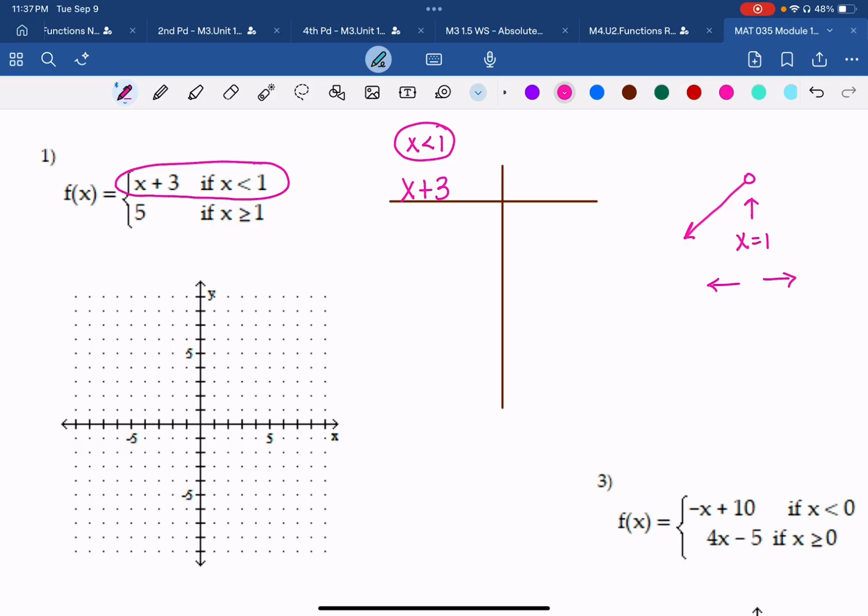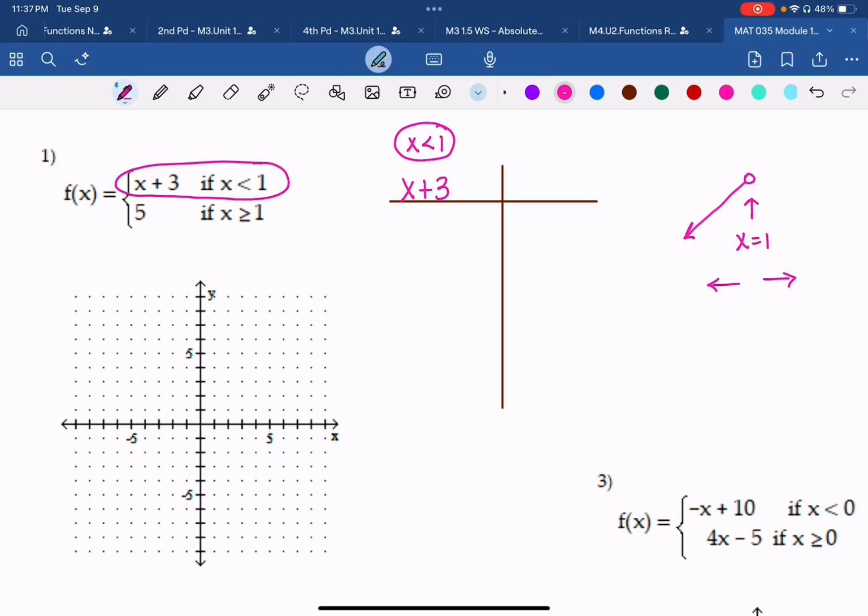Now I need to figure out where to put that on the graph. I'm going to use my table to organize myself here. I think it's always easiest to start with the value they give you. I know it needs to start at 1, so I want to find the y value.